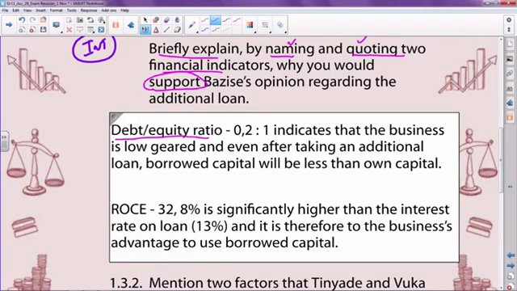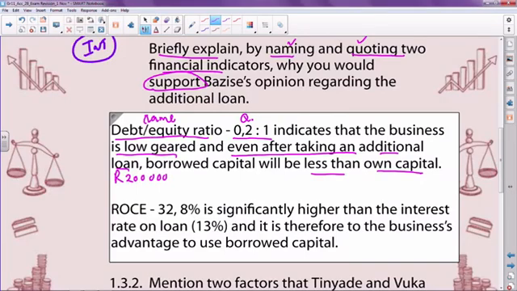So the debt equity ratio is 0.2:1. I've named the ratio and quoted the ratio, and there's my explanation. It indicates that the business is low geared, and even after taking an additional loan, if they borrow the additional 200,000, it will still be less than own capital.